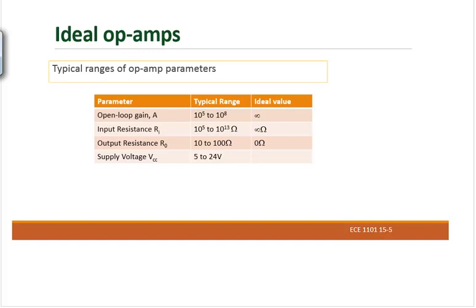This is the typical and ideal one. Gain of 10 to the power 5 to 10 to the power 8, which we call infinite. Input resistance 10 to the power 5 to 10 to the power 13, we call infinite. Output resistance 10 ohms to 100 ohms, we call 0 basically. The power supply range is negative and positive 5 to negative and positive 24 volts.